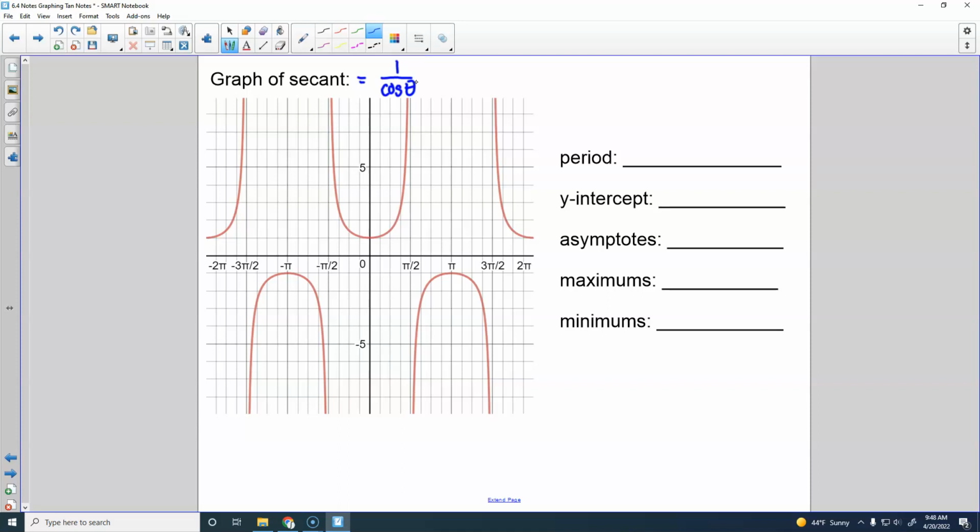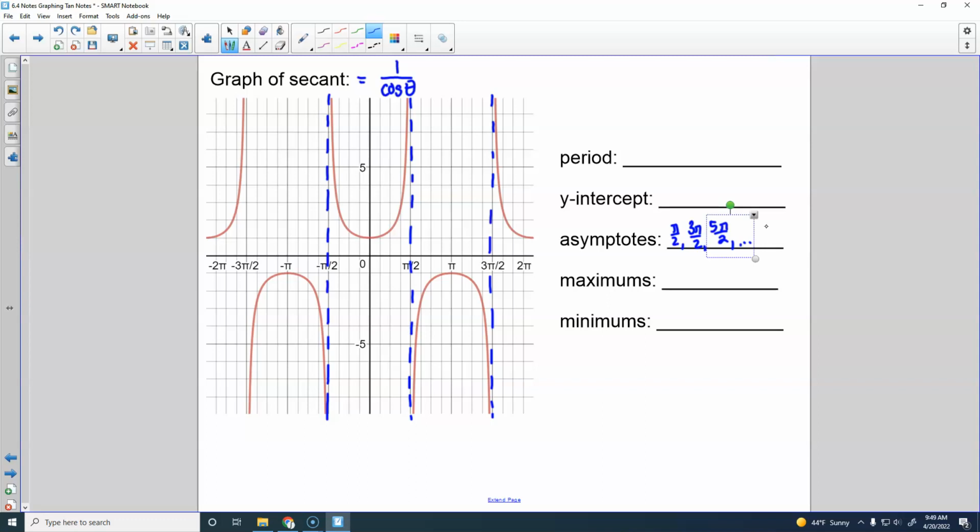So much like we just did for the last problem, you can notice that if cosine equals 0, you are going to have a vertical asymptote. So that's going to occur at pi over 2, 3 pi over 2, 5 pi over 2, dot, dot, dot. All the places where cosine is 0.